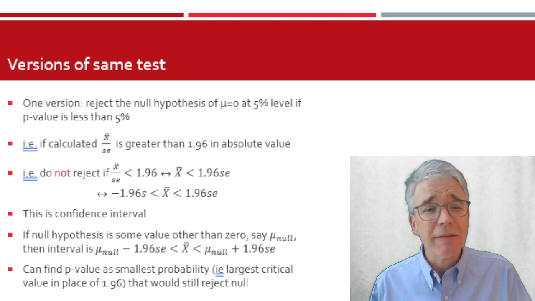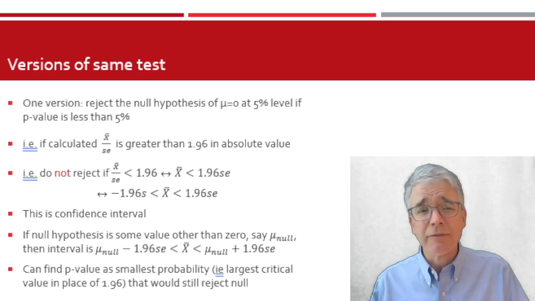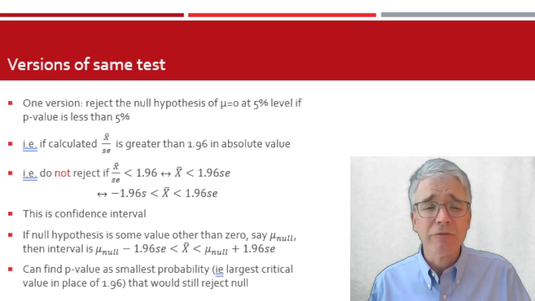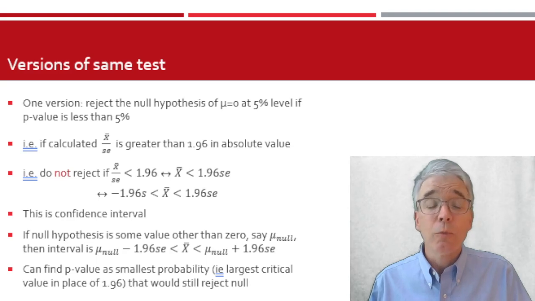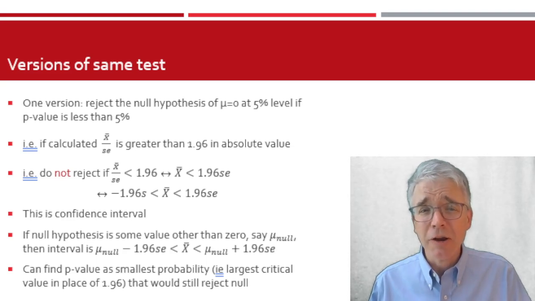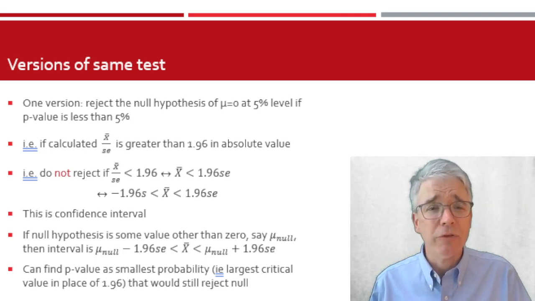We can set different levels of the test, but a common version would be we reject the null hypothesis of mu equals 0 at the 5% level if the p-value is less than 5%. We look at the area and say that is the same as, once I calculate x bar over the standard error, if that's greater in absolute value than 1.96, then I'm going to reject the null hypothesis that mu is 0.